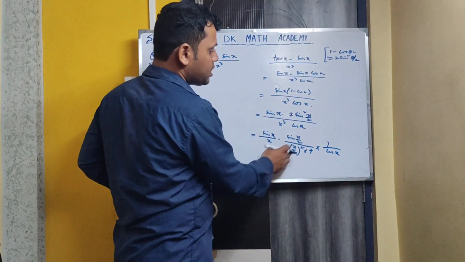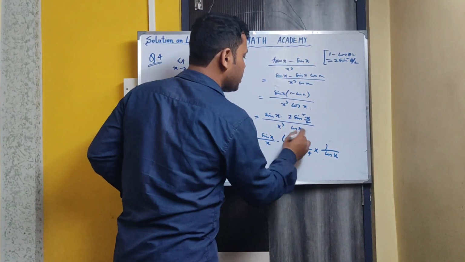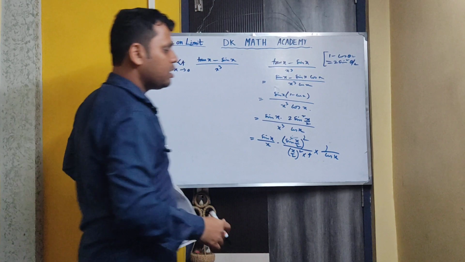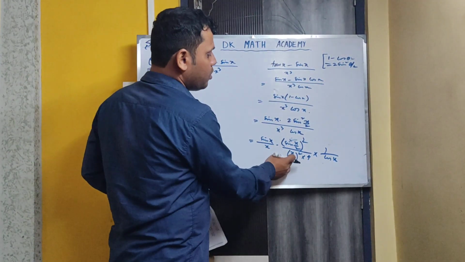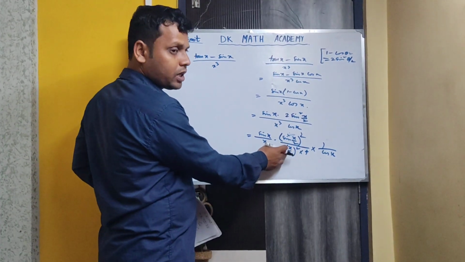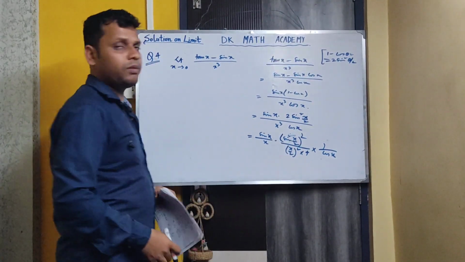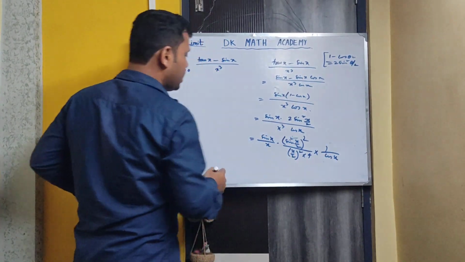Here we have adjusted sin square x by 2, that means sin x by 2 whole square divided by x by 2 whole square into, as we have taken here 1 by 4 extra, then we have multiplied by 4, and this is into 1 minus cos x.